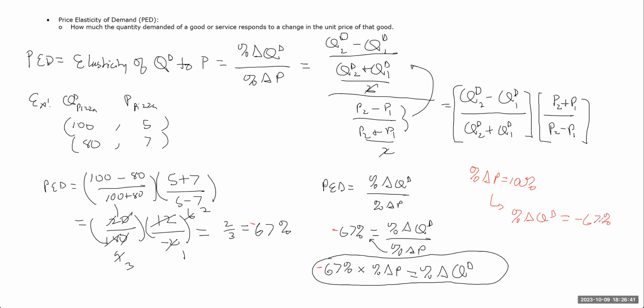If prices go up by 10%, the amount being purchased falls by 6.7%. We could figure things like that out, knowing this number.